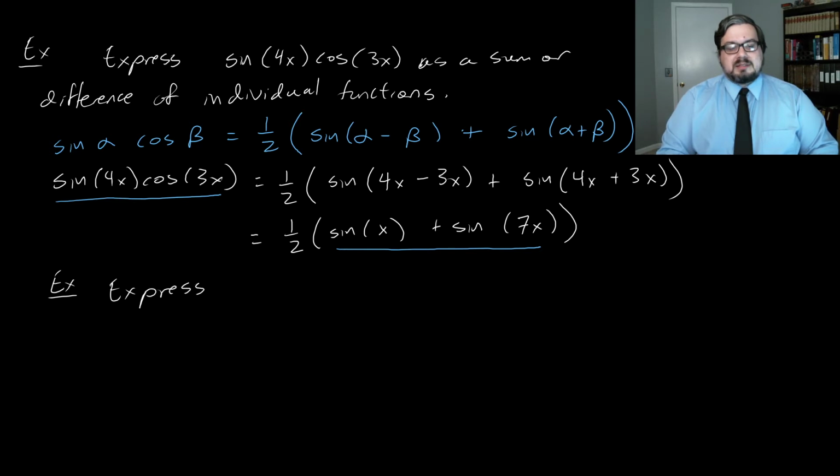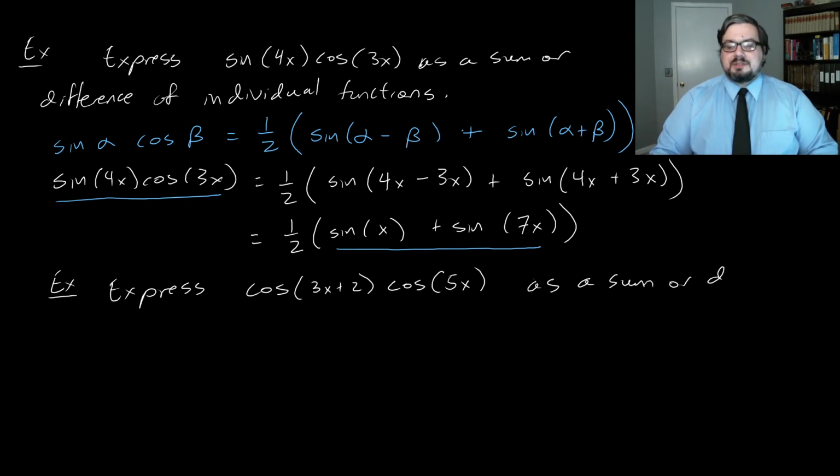So let's express cosine of 3x plus 2 times cosine of 5x as a sum or difference of individual functions.